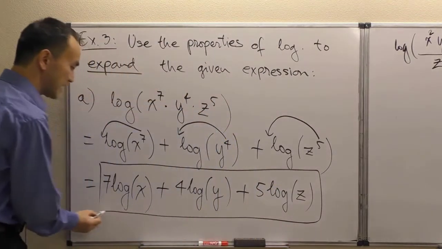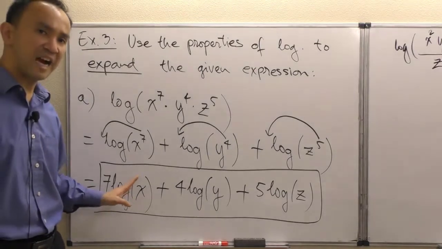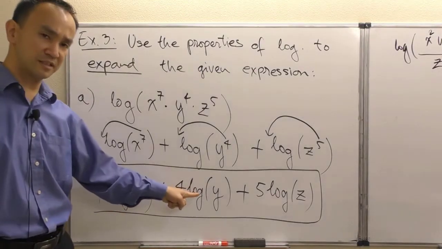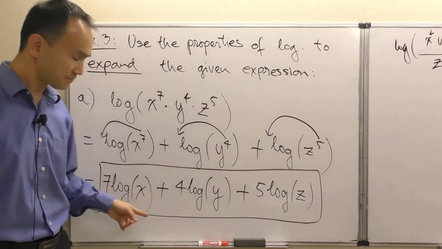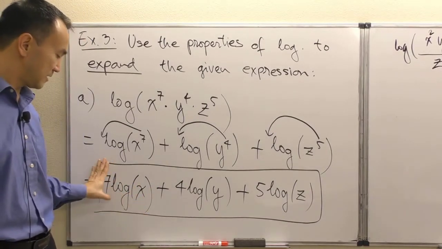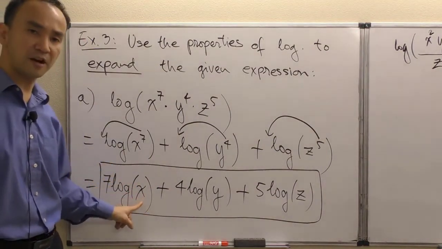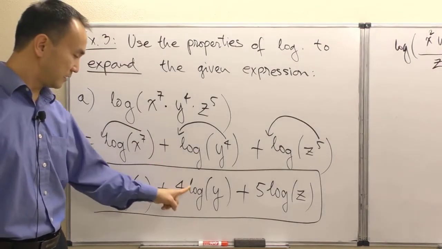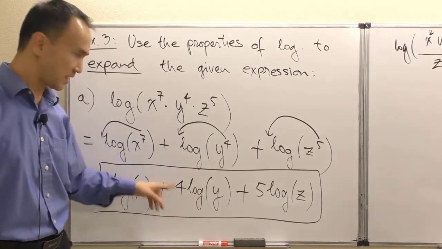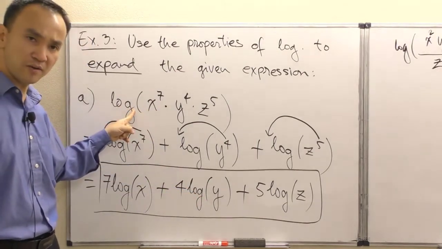Now the idea is that each one of our terms contains only a simple log. By simple log, I mean a log, whatever base that is, of a single number to the power 1. A log of base 10, the same base with which we started out.